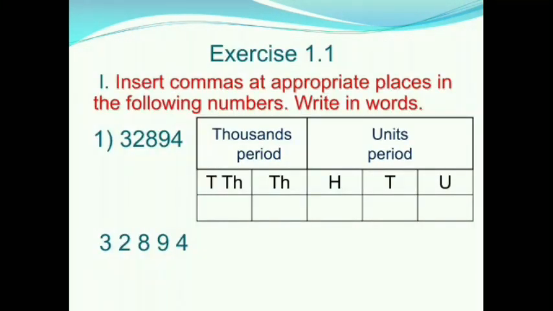Now we will solve some problems in our textbook exercise 1.1. Insert commas at appropriate places in the following numbers and write in words. First read the digits 3, 2, 8, 9, 4. Now we will write these digits in place value table.